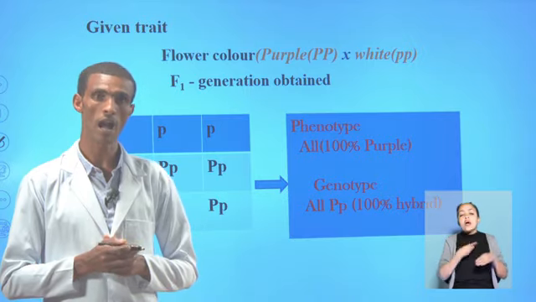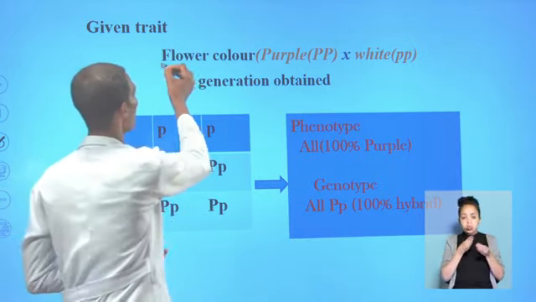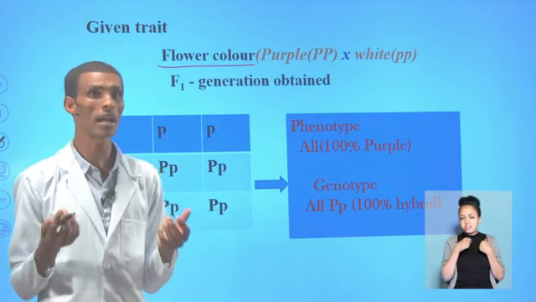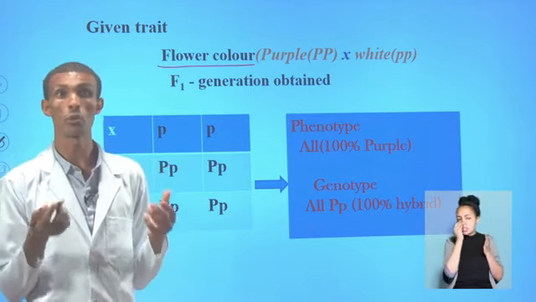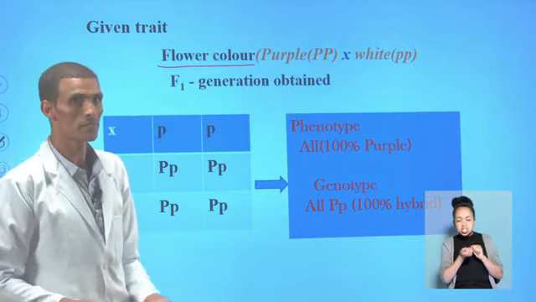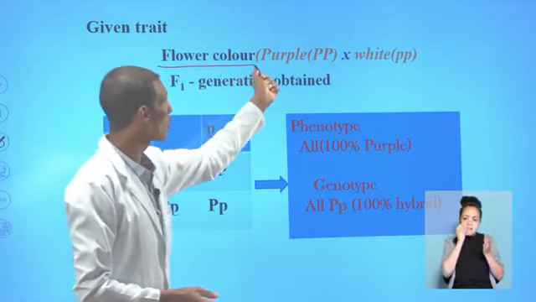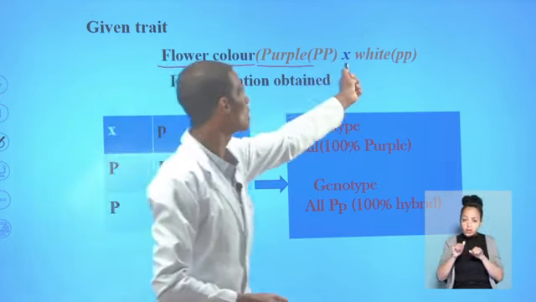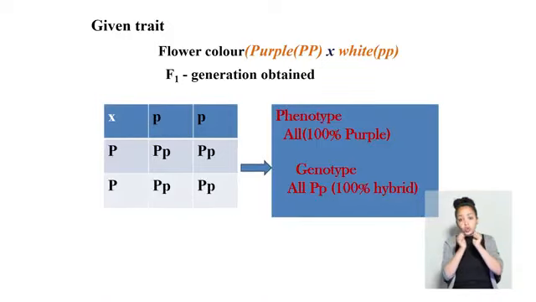For example, our given trait is flower color. You can have seed shape, flower position, plant height; you can change the traits here. Here, flower color, homozygous dominant purple, is crossed with homozygous recessive white. Then the F1 generation is obtained here.